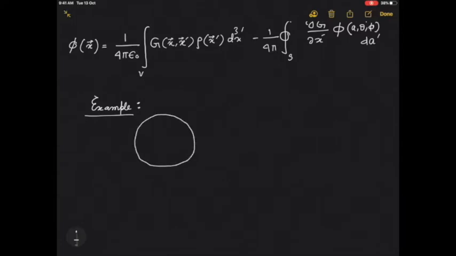Now I have a spherical boundary. It's grounded. I'm sorry, it's not grounded. So the potential is not zero, but somehow it is kept at a constant potential V0.